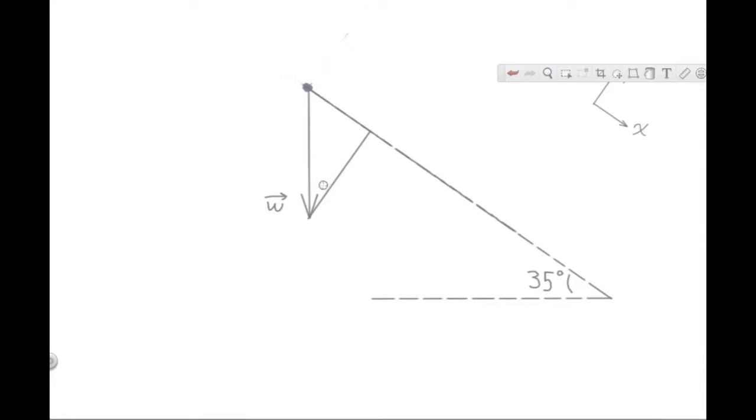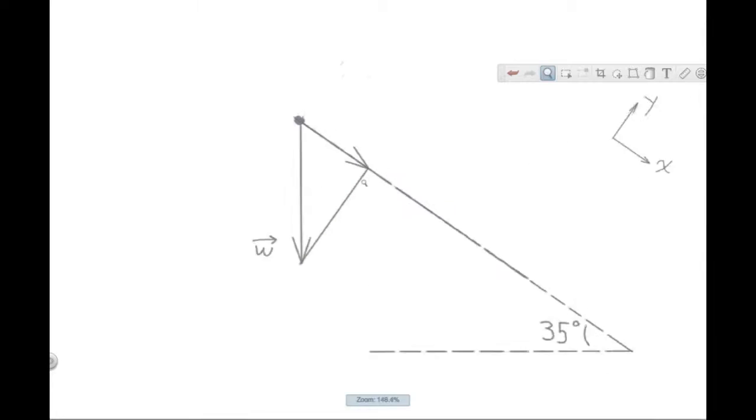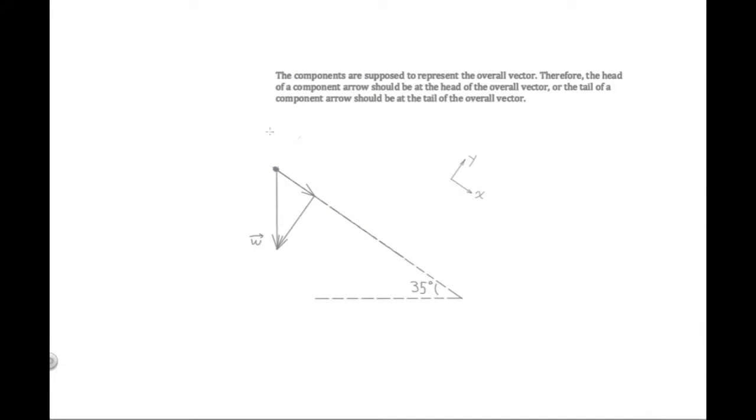I can say that now I want to figure out the arrows on these two lines. Well, we could say that the weight vector points down, and therefore we could say that this vector should be pointing in a downward direction. And also this component should be pointing in the downward direction. Since the overall vector points down, we expect each of the components to point down.